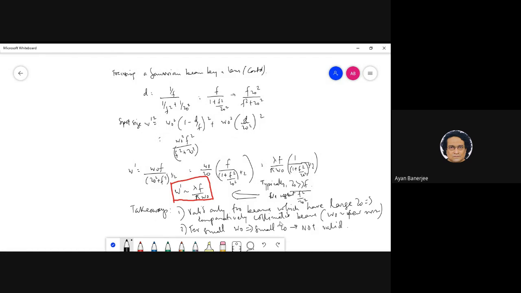If you go a bit deeper, that basically means that if you have a small w naught, then my beam is something like this, right? That itself challenges the paraxial approximation to some limit, in the sense that the moment you do not have paraxial beams, the simple formula will not hold.